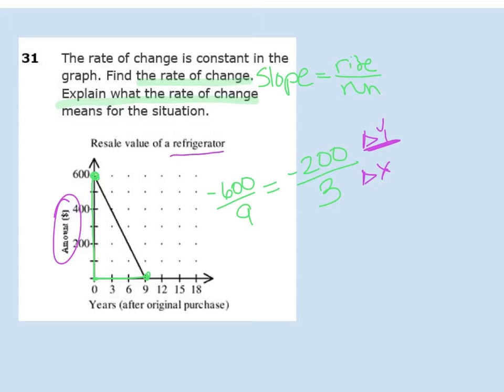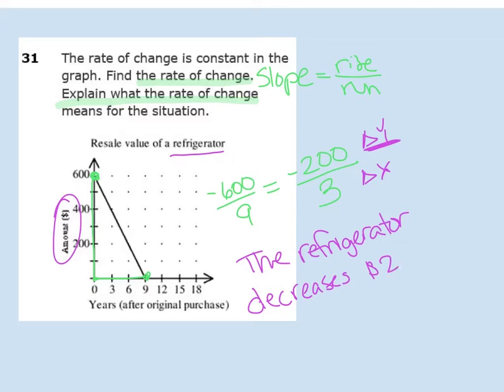The refrigerator is decreasing in value $200 every 3 years. And it's 3 years because 3 is in the denominator, which goes with the x values, and the x values are the years after it was purchased.